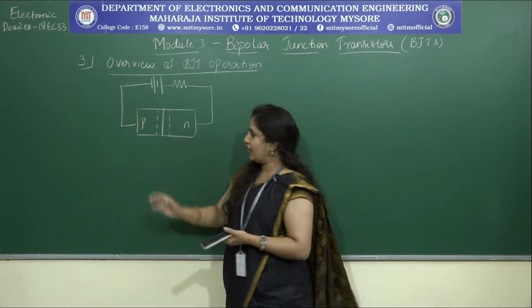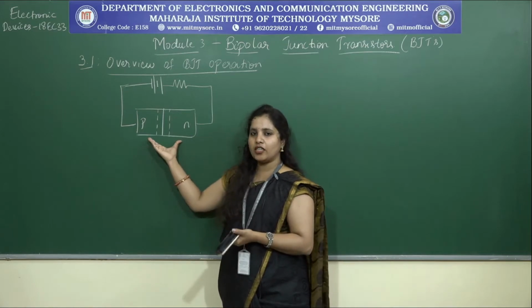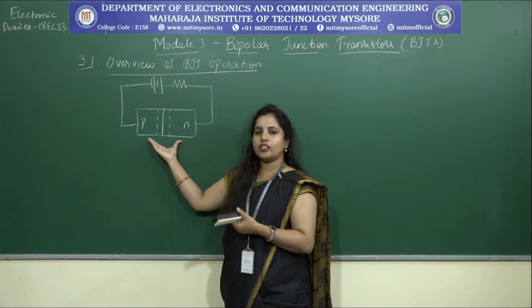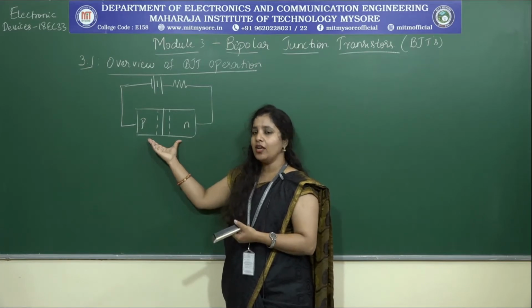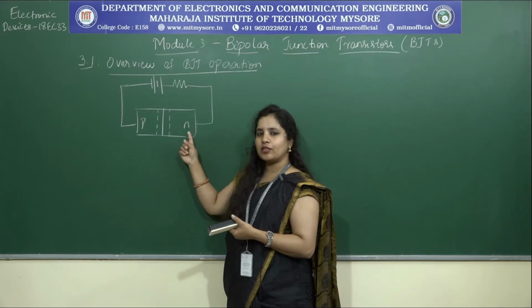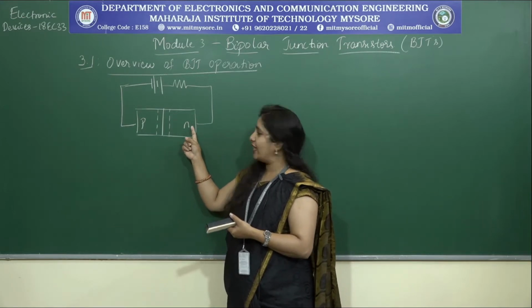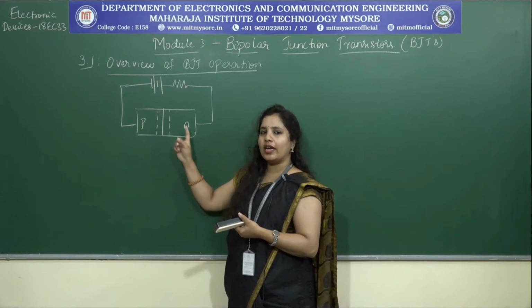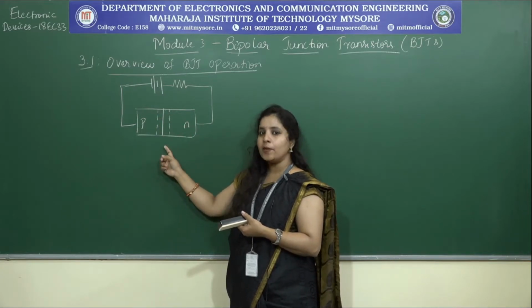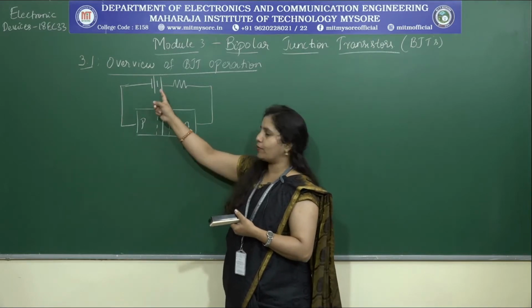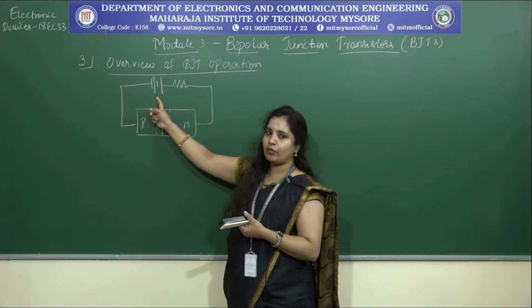Now, when I consider a reverse biased PN junction, we know what is happening. The minority charge carriers, that is the holes present in the N type, get swept to the P type because of the electric field that is present, and this has nothing to do with how much reverse voltage I am providing.